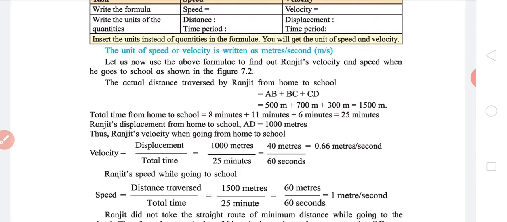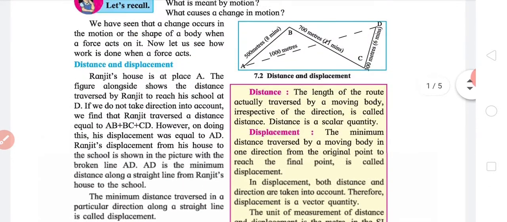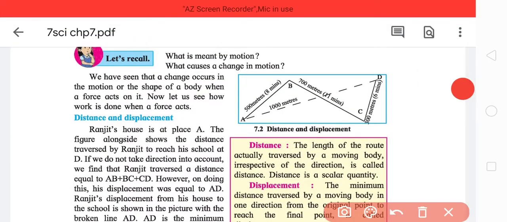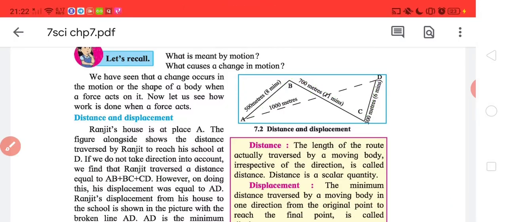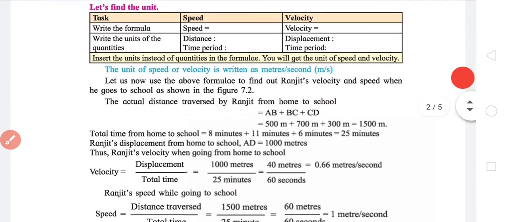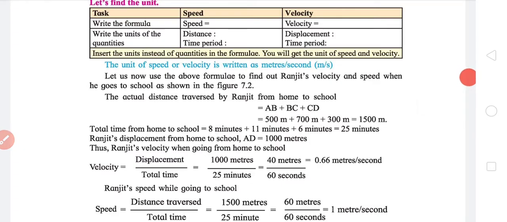So to calculate the distance, it was AB plus BC plus CA. The value is 500 plus 700 plus 300, so that gives, as shown, 1500 meters.